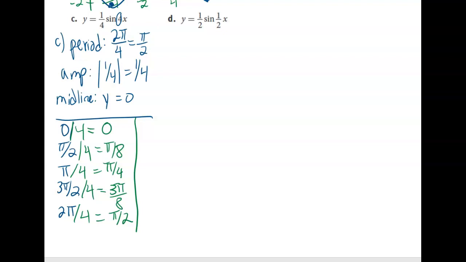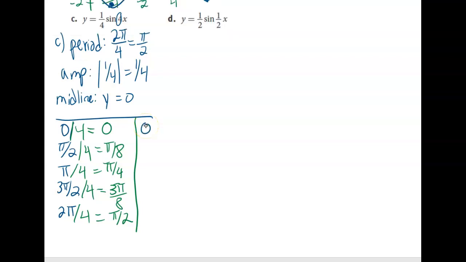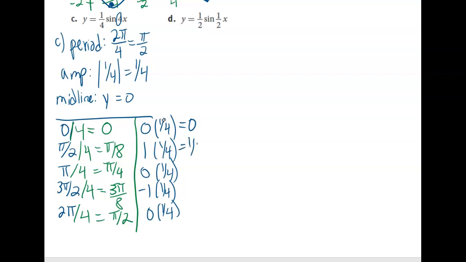And then those y's are our 0, 1, 0, negative 1, 0. And we are multiplying those by a 4th. So we get 0, 1/4, 0, negative 1/4, 0.